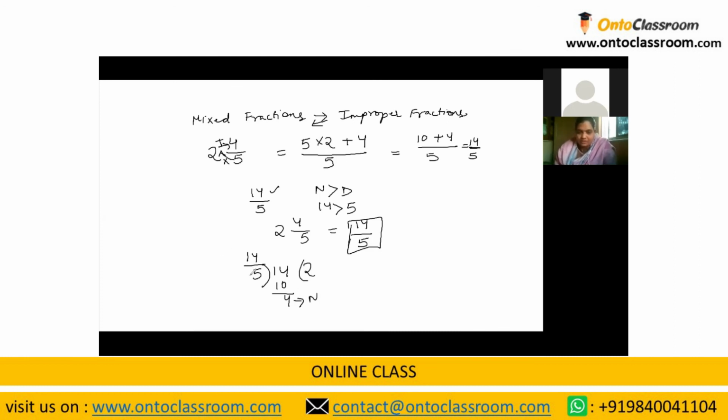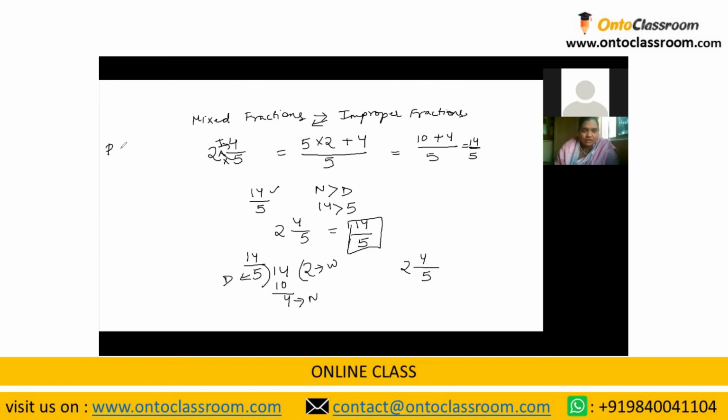And this divisor will become the denominator. And this is the whole number. So what is our fraction now? 2 4 over 5. So mixed fractions can be changed to improper fractions, and improper fractions can again be changed into mixed fractions.